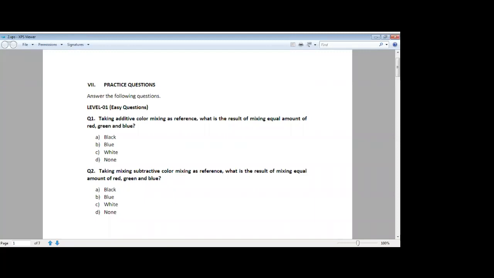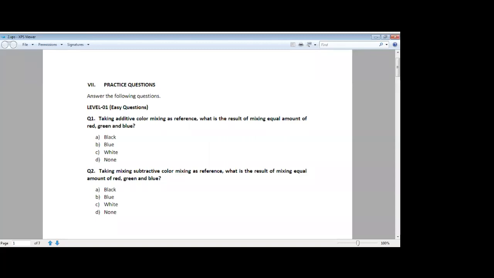So chalo, let me give you a little background, because we have already discussed this. Since it is additive color mixing, you are adding these three colors, right? If you mix all these colors in equal amounts, what should the color be? These three are the primaries, so all the colors are formed out of them. Then what you get is the combined effect of all the colors.